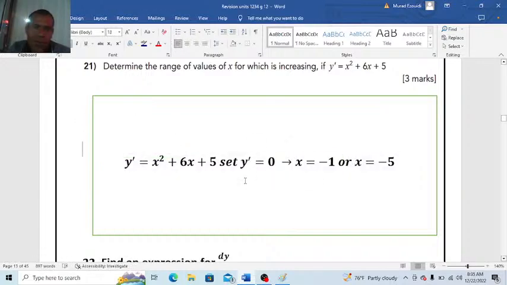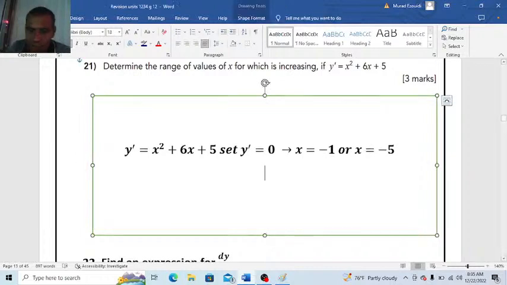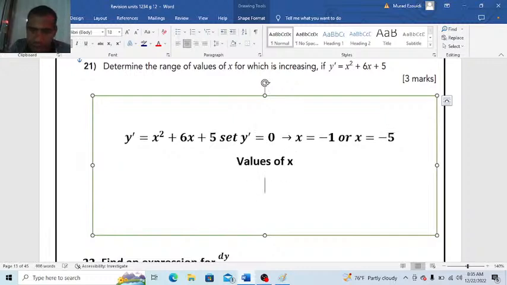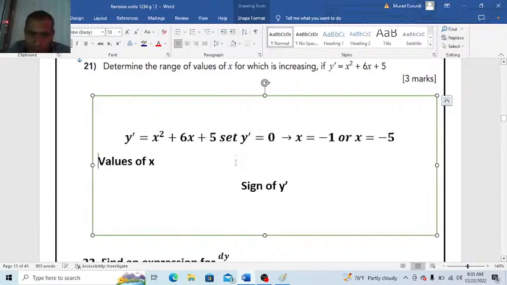So we told that the roots of this equation are minus 1 and minus 5. Now I'm going to draw a table, or I will make values of x. Then I'm going down, I will write sign of y dash. Now I will consider some points.